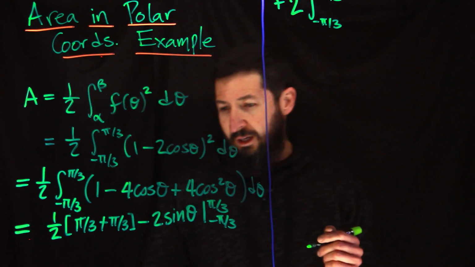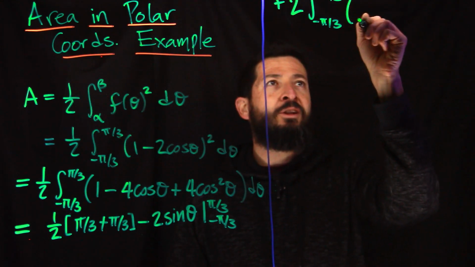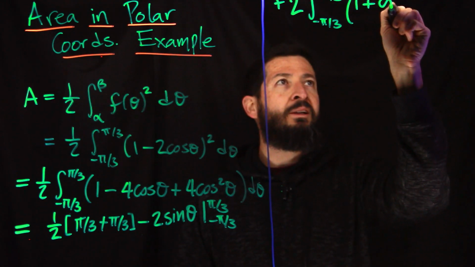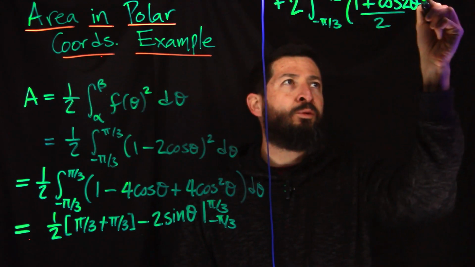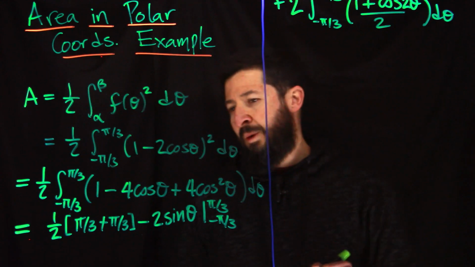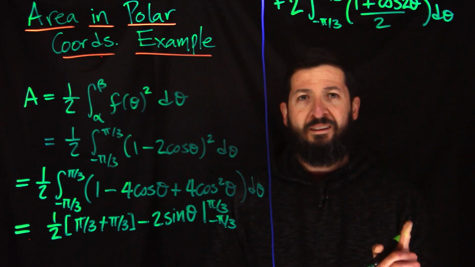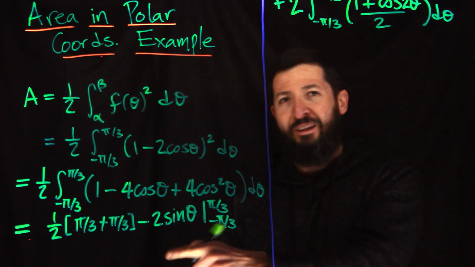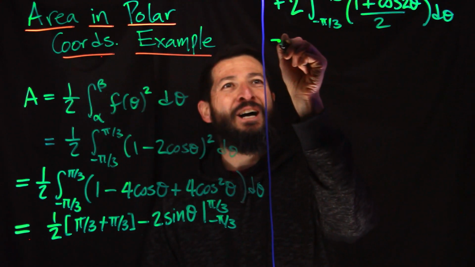There, better. And then I'm going to have the cosine squared that I'm going to substitute with 1 plus cosine of 2 theta over 2 by the half angle formula. Remember that the integral of the square necessitates the half angle formula, and I think it just got cut off. Sorry about that.